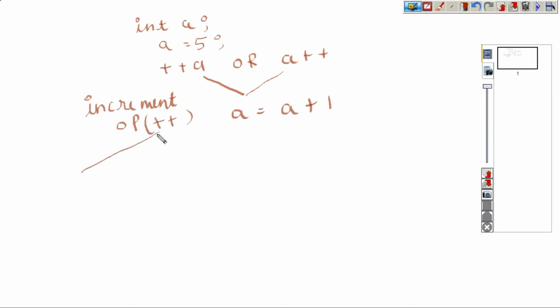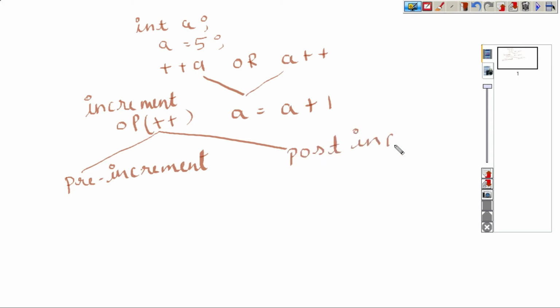The first one is pre-increment and the second one is post-increment.